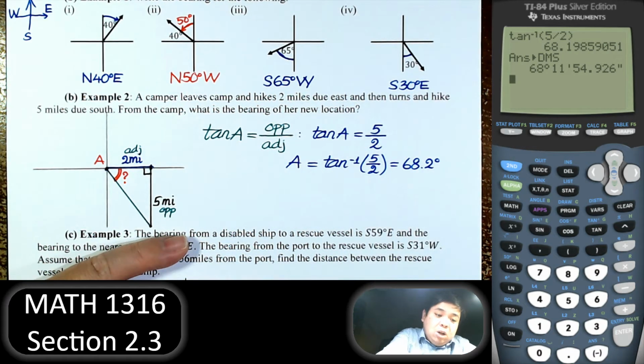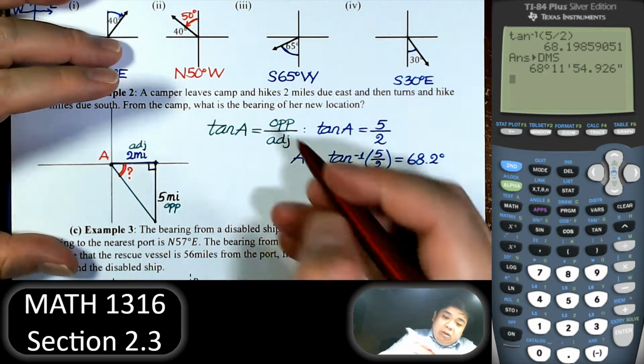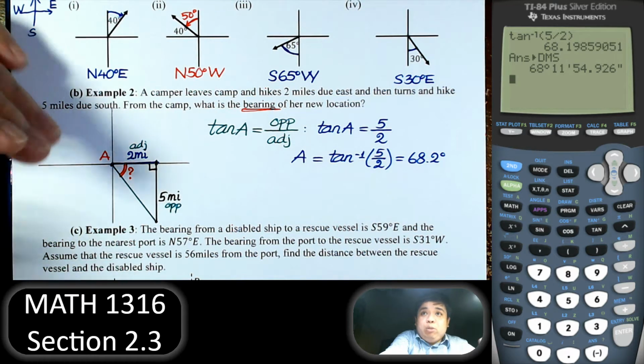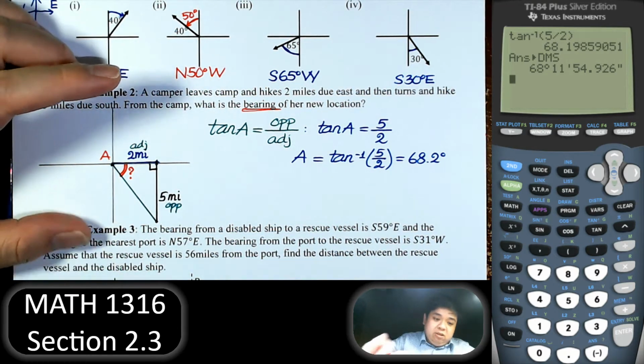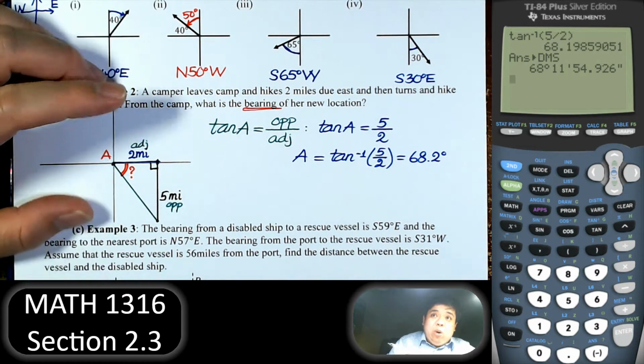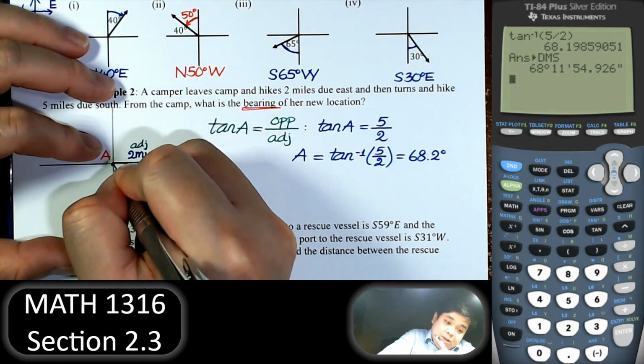But the question asks for the bearing, and the bearing has to be with respect to the north or the south line. So this is not the angle we want. The angle we want is this angle here.